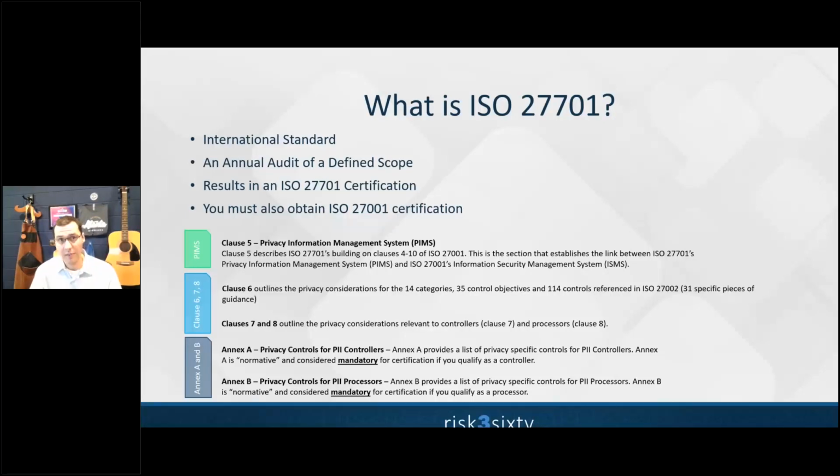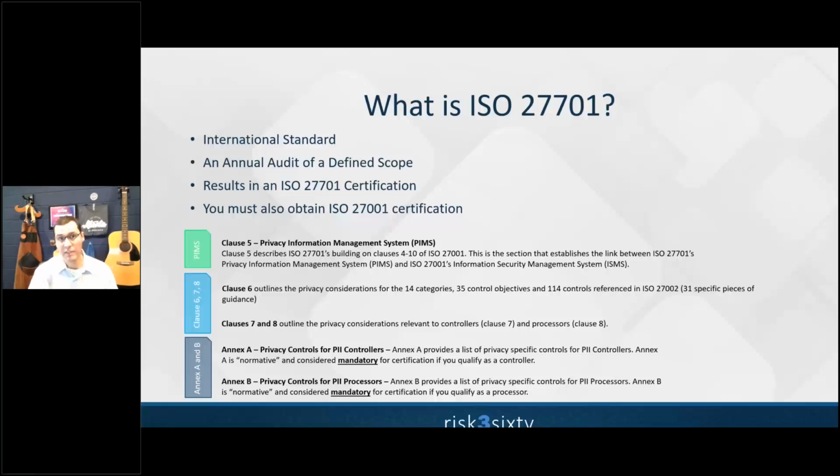For an ISO program, you have an annual audit over a defined scope, and you, as the company getting certified, define your scope. When you complete an ISO 27701 audit by a qualified organization, we'll talk about that in a few minutes, you do obtain an ISO 27701 certification.